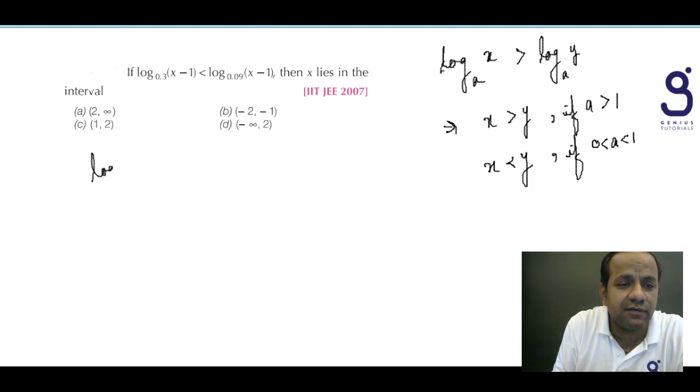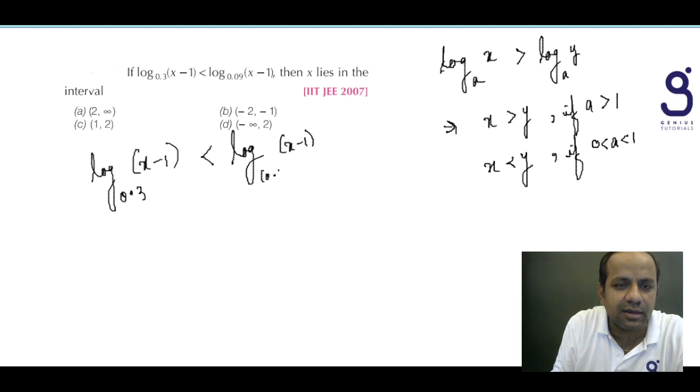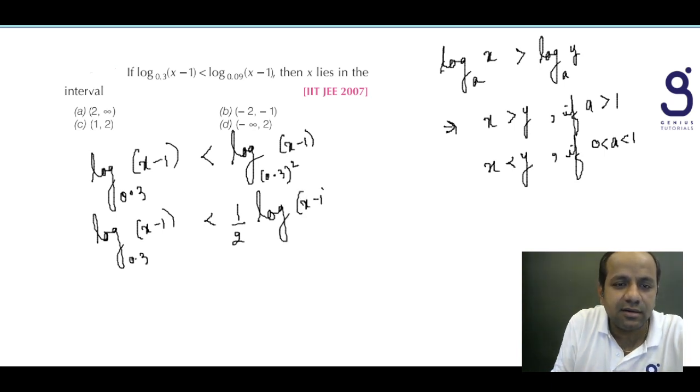In this question, it is given that log x minus 1, base is 0.3, is less than log of x minus 1, this base is 0.3 square, which can be written as log of x minus 1 to the base 0.3 less than 1 by 2 of log x minus 1 to the base 0.3.